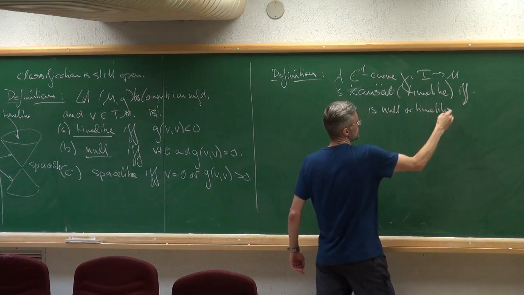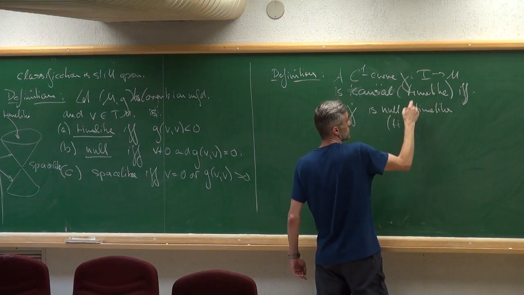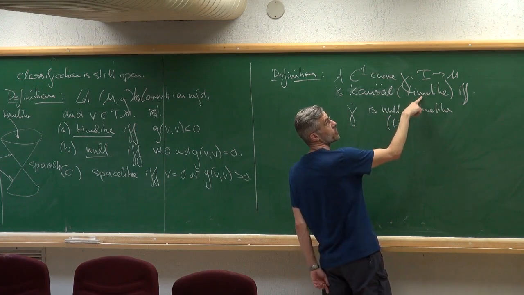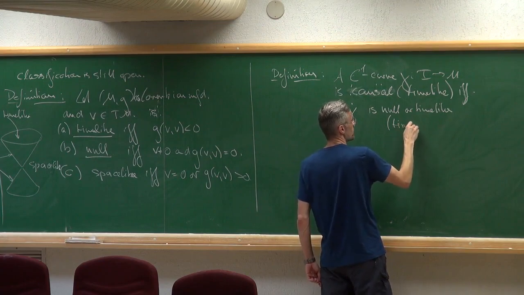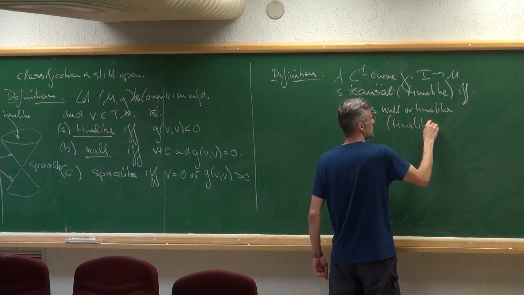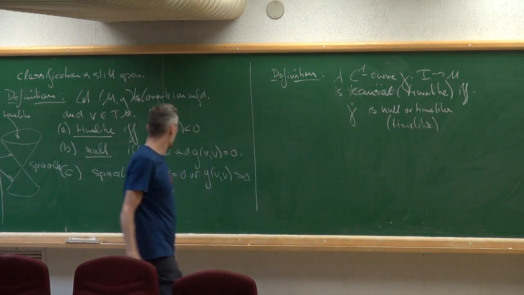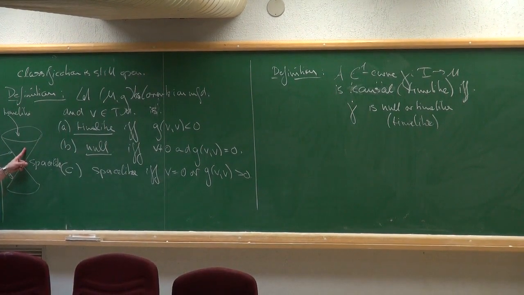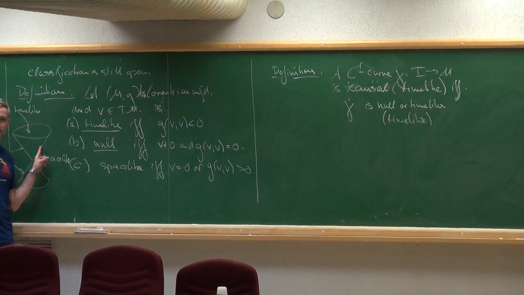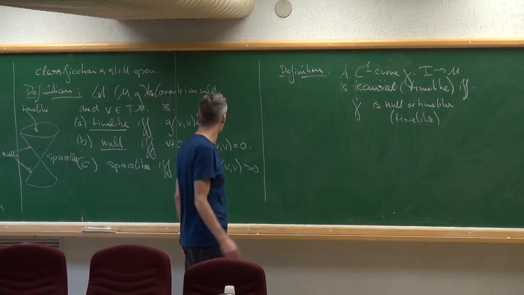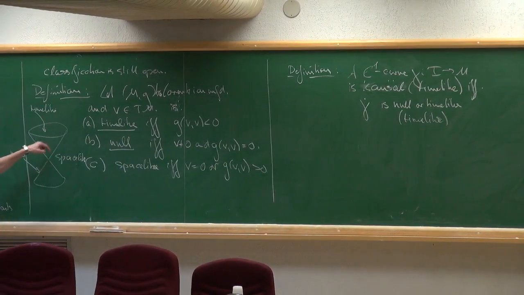You call the curve time-like if the tangent vector is everywhere time-like. So basically, a causal curve can have tangent vectors inside the cones and on the boundary, but a purely time-like curve can only have tangent vectors inside the cones.